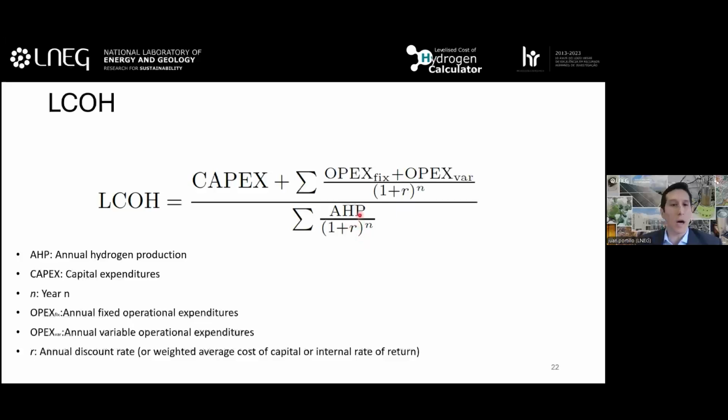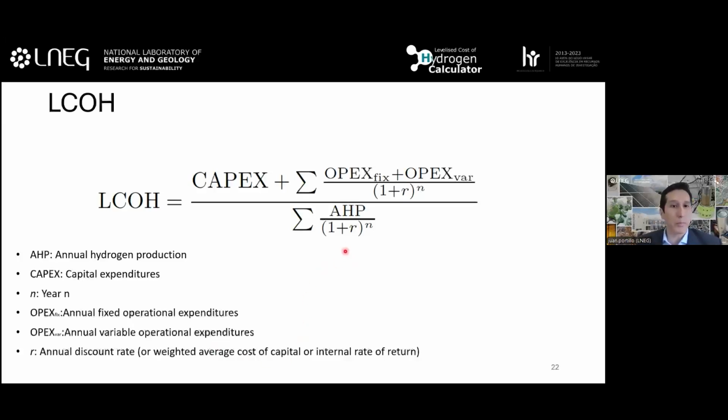That is this R that is in here, and this discount rate may represent an internal rate of return of the investment. It may represent a weighted average cost of capital and a mixture of equity and money that is lent from banks.